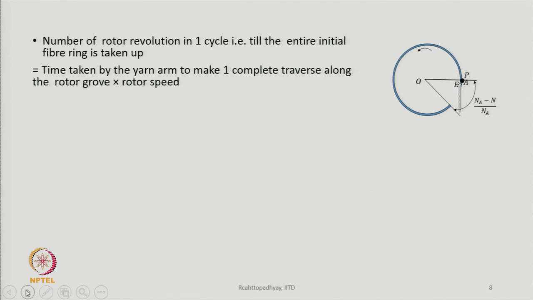And this process will continue till the original fiber ring is completely removed, and then we will have layers of fibers formed one after the other, and how they will look, we will come to that.